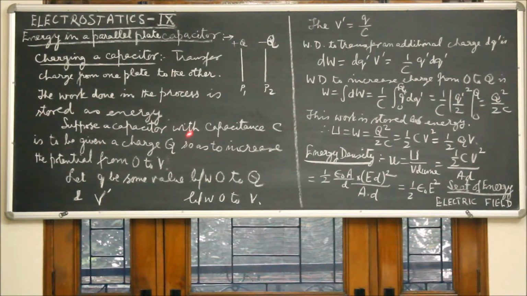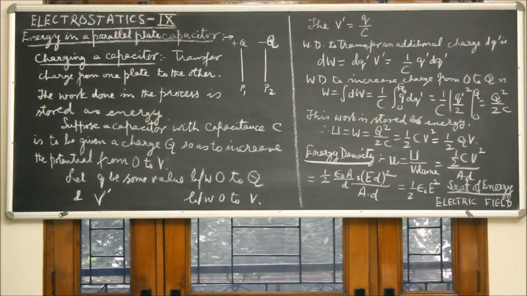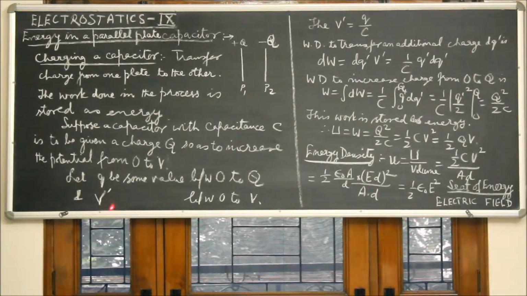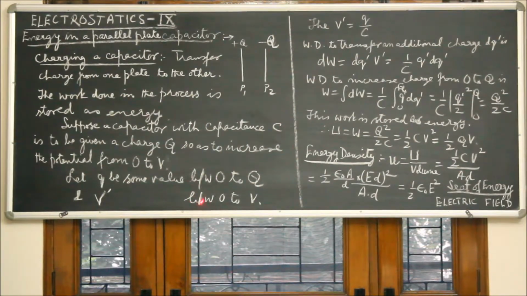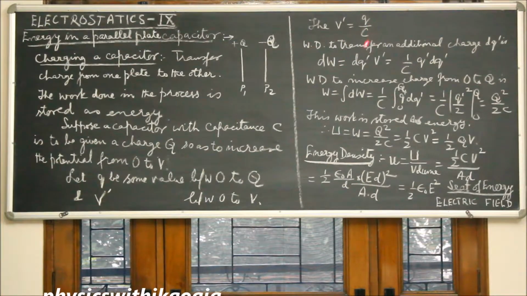Suppose the capacitance of the capacitor is C and it is to be given a charge capital Q so that its potential rises from 0 to V. Now this has to be done in small steps. Let Q' be some value between 0 charge to capital Q charge and V' the corresponding potential between 0 to V. Then we have V' is equal to Q'/C.